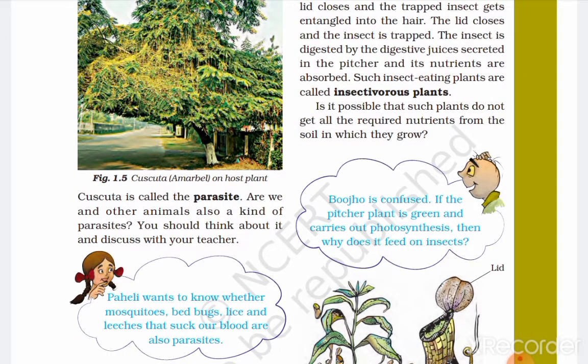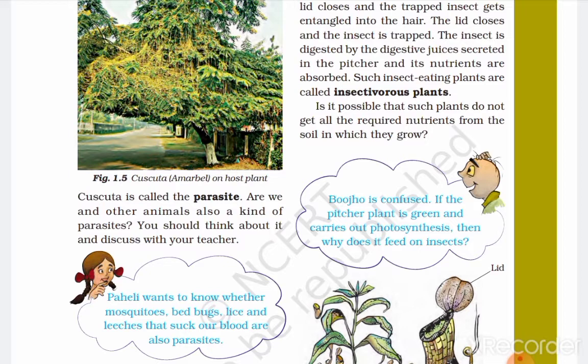If the pitcher plant is green and carries out photosynthesis, then why does it feed on insects? Now I can tell you the main reason for this. The insectivorous plants are the plants which grow in nitrogen-deficient areas. Means they grow in areas where there is a lack of nitrogen.